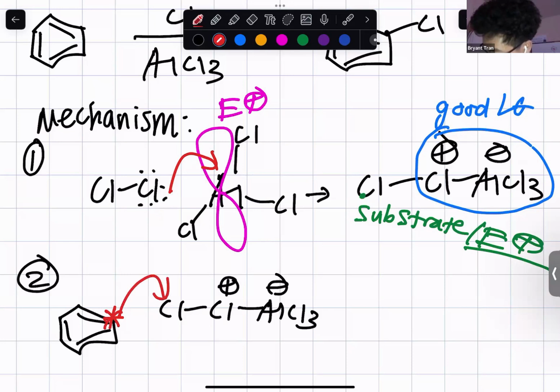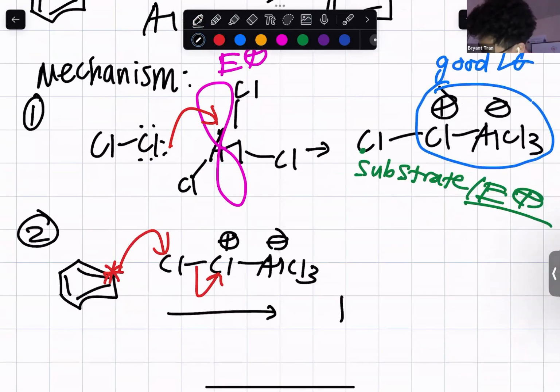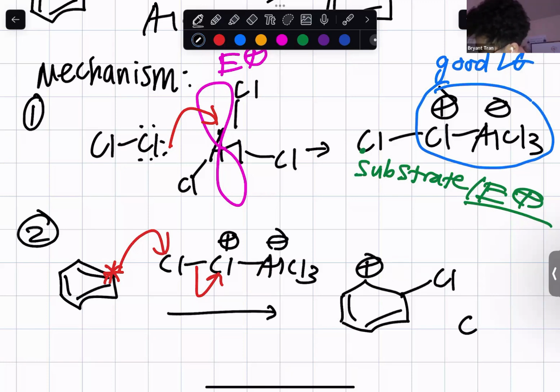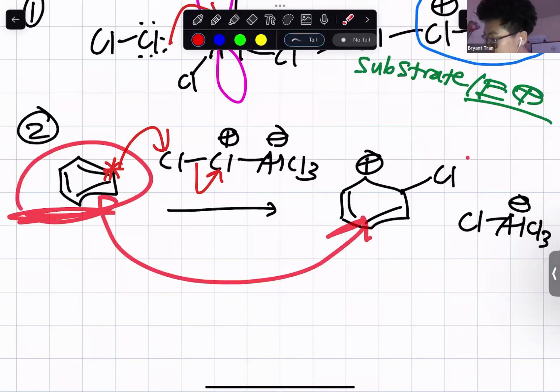That's going to attack this chlorine here and then kick out that whole leaving group right there and give us this intermediate here, with AlCl4 minus. Now that's the addition step where we went from an aromatic ring to a non-aromatic ring.